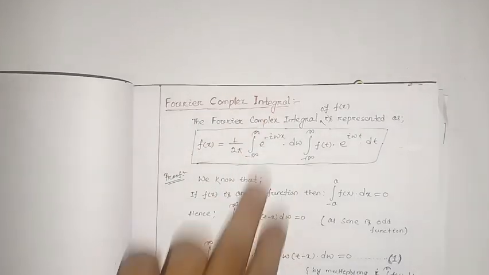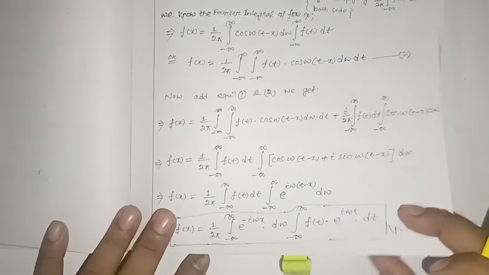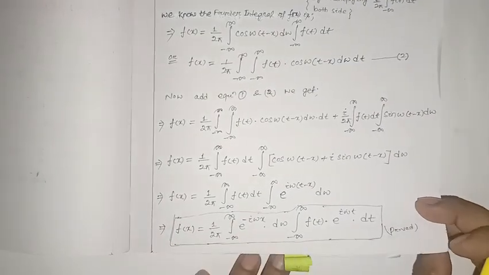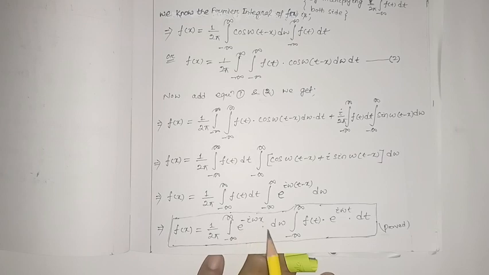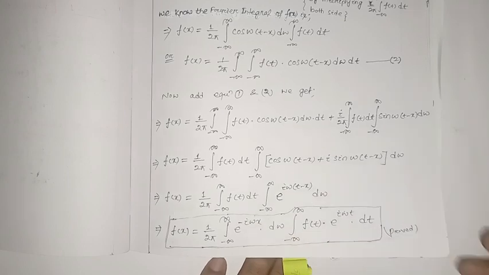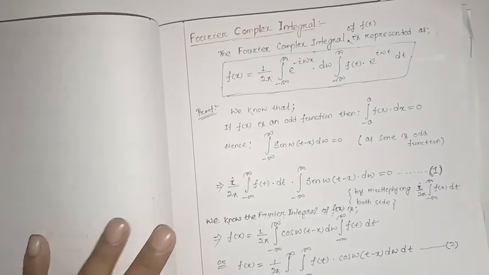The Fourier complex integral is this much: 1 by 2 pi, integral from minus infinity to plus infinity of e to the power i omega x d omega, times the integral from minus infinity to plus infinity of f of t e to the i omega t dt. These things we proved in that video. You can watch that.